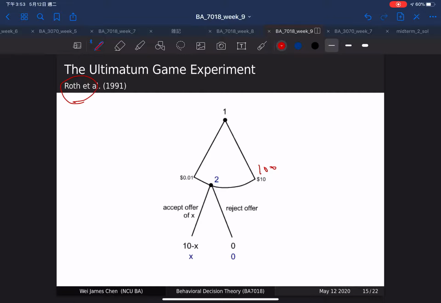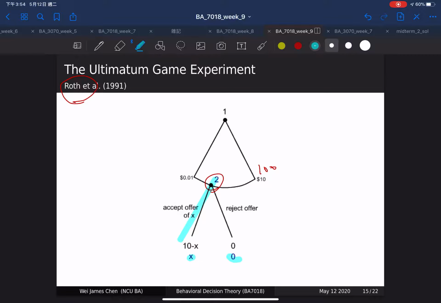What's the theoretical prediction? What would the second person do? Accept or decline? Accept, yes, because x is greater than 0.